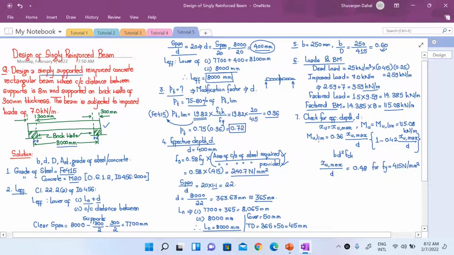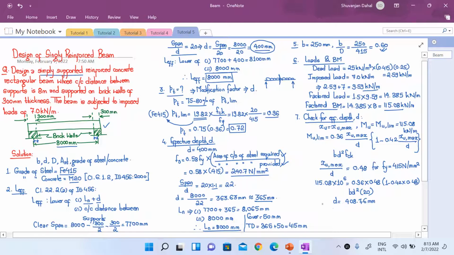So now use these values. Mu limiting is 115.08. To convert it into Newton millimeter, multiply by 10 to the power 6, equals 0.36 into 0.48, into 1 minus 0.42 into 0.48, into b d square into 20. This gives us the value of d as 408.76 millimeter.